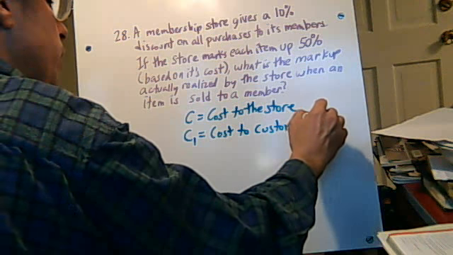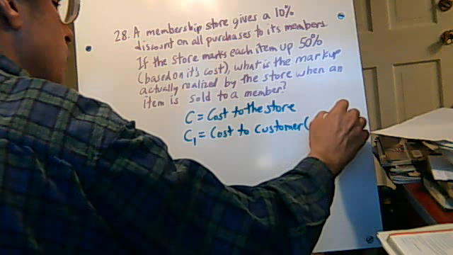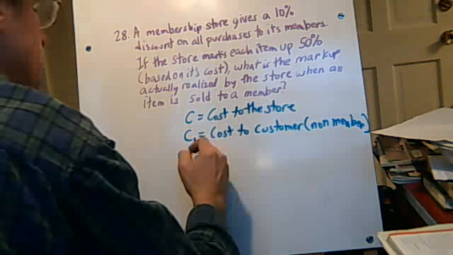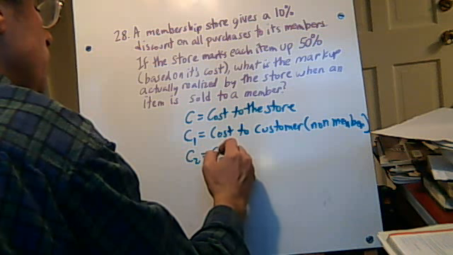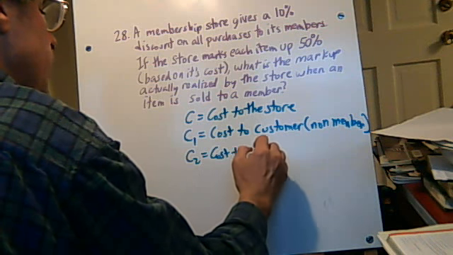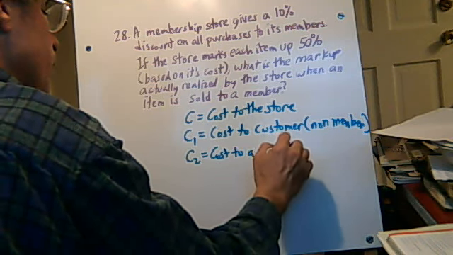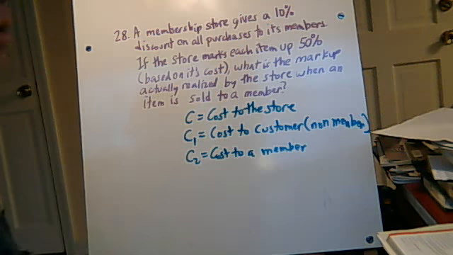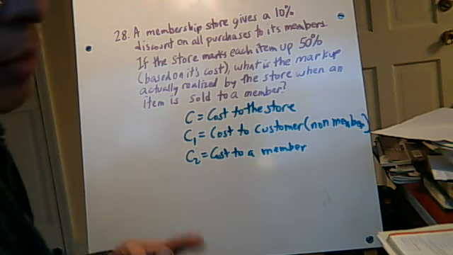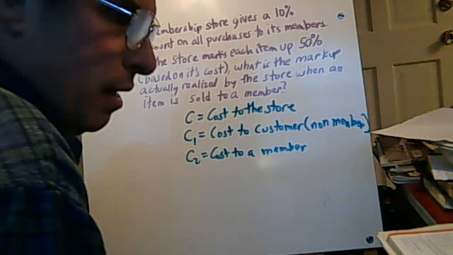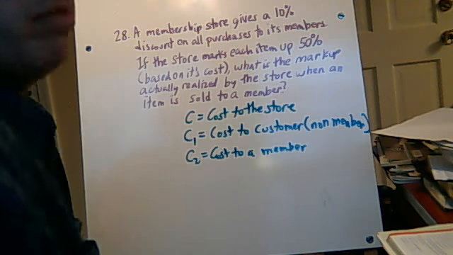This would be a non-member. Then I want to say something like C2 is equal to cost to a member. It just helps to keep it straight when you put a name on something. It always helps to put names on things.